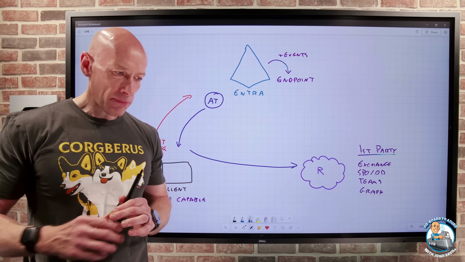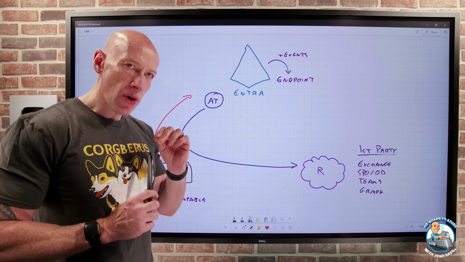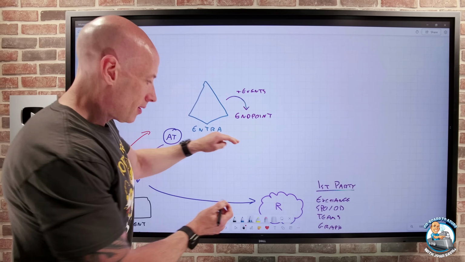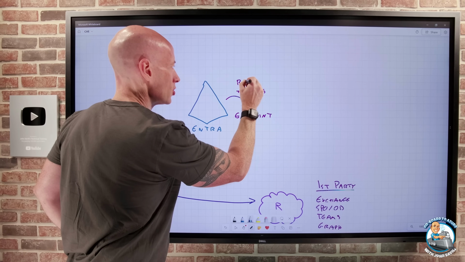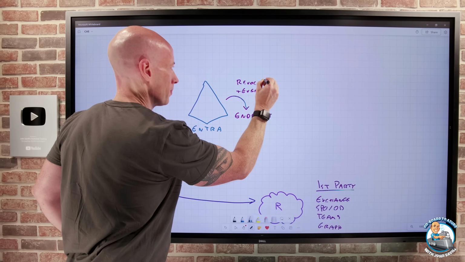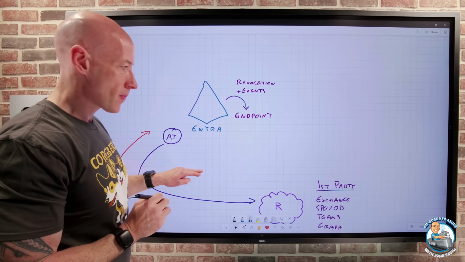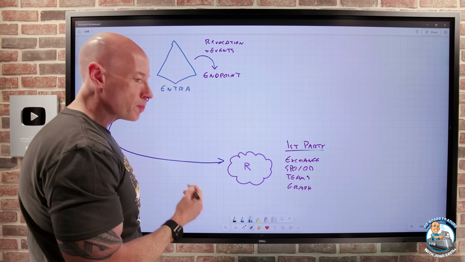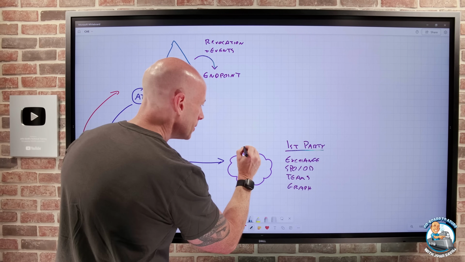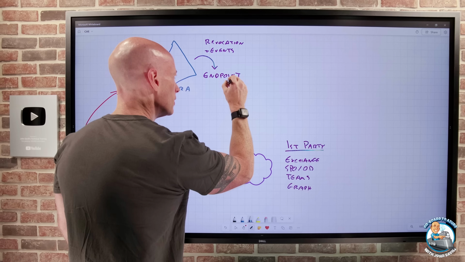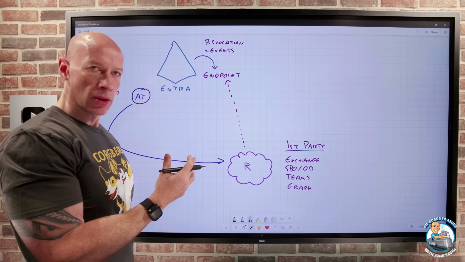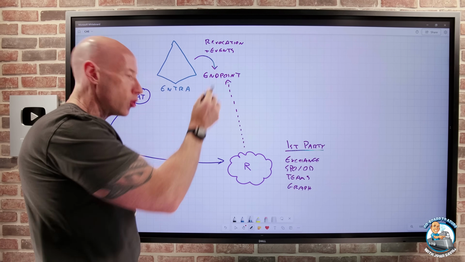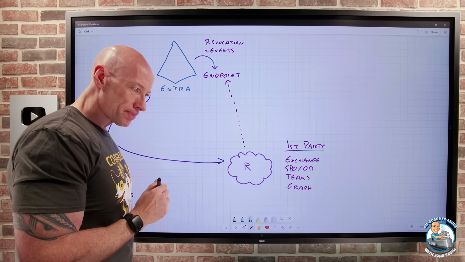Now, specifically, when one of those critical events happens, it generates a revocation event. So over here, I'll write it out so we get a revocation event. And what's happening now is this particular resource, because it's aware, it has a connection to whatever that endpoint is to look for those revocation events.